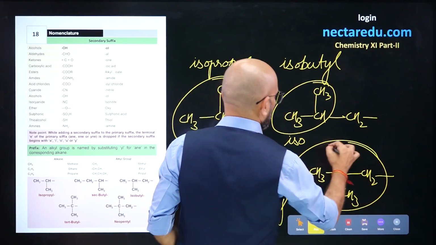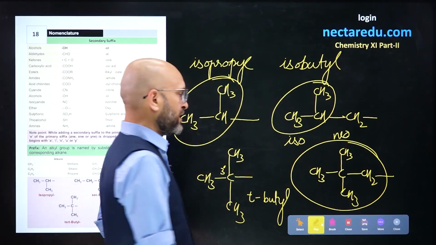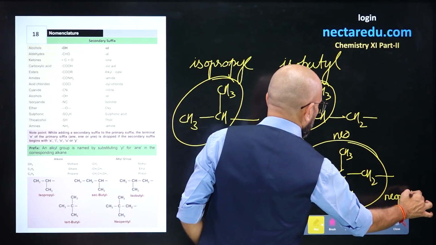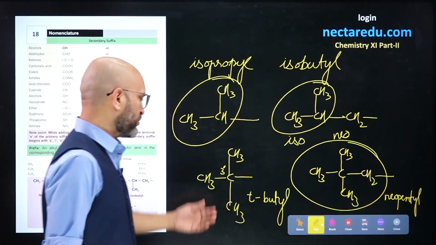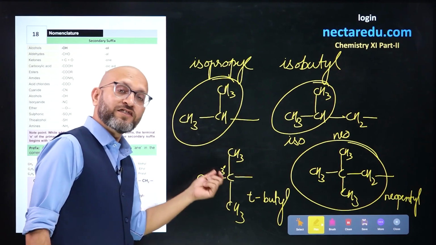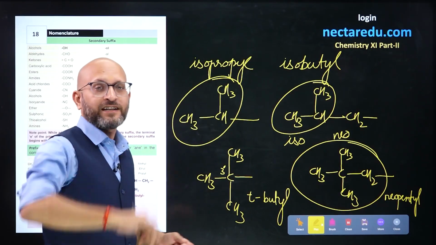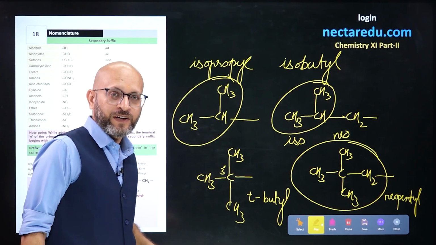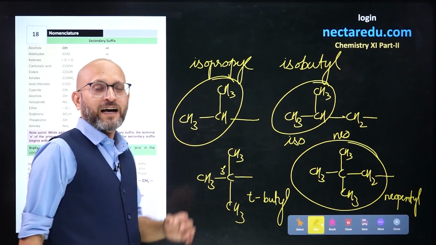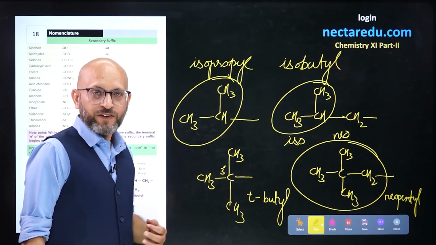This is the neo group, and we have 5 carbons, so this is known as neopentyl. What is tertiary carbon? The carbon connected to 3 other carbons. Secondary carbon is connected to 2 other carbons. Primary carbon is connected to 1 carbon. That is how we decide the degree of carbon.